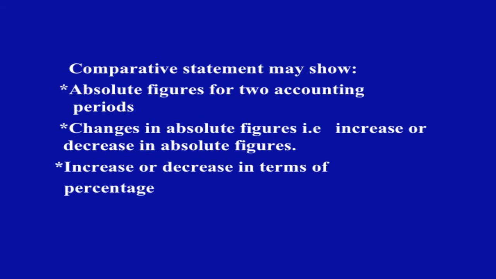In the case of the comparative statements, we take 2 years or more years of data. This comparative statement is used for the balance sheet and also for the profit and loss account.